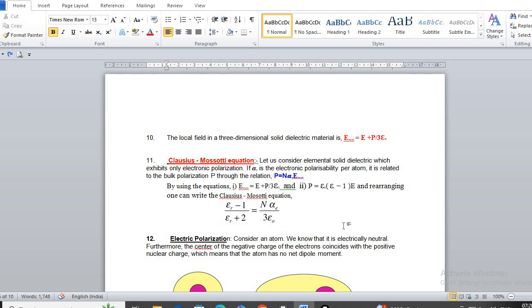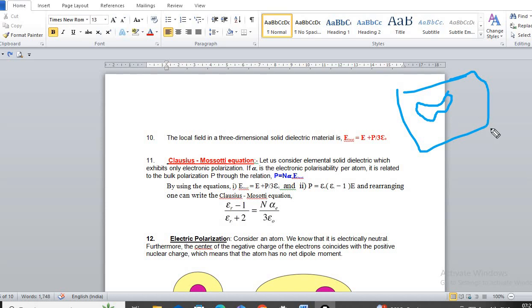Now, as we talked about two atoms placed side by side, actually there are not only two atoms, there will be a large number of atoms in all three directions. So there will be interaction between the atoms and between the dipoles also. There will be the effect of individual atoms on them, and along with this, the electric field inside this dielectric material, where you have a number of dipoles.